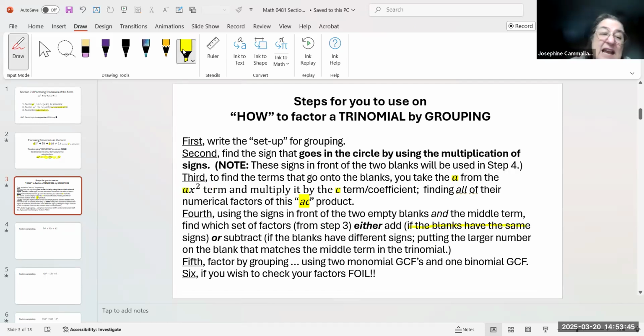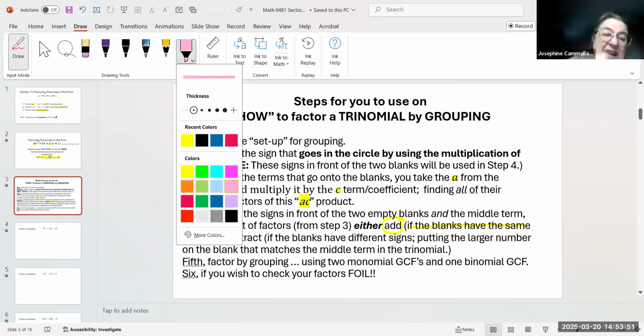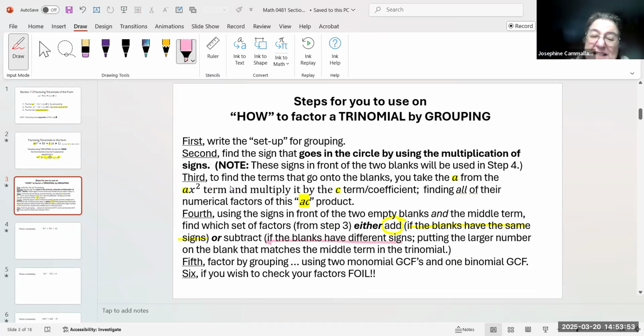If the blanks have the same sign, we're going to add. If the blanks have different signs, we're going to be subtracting, but we're going to put the larger number on the blank that matches the middle term.